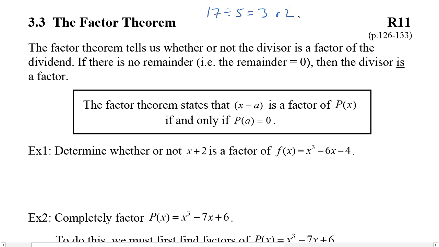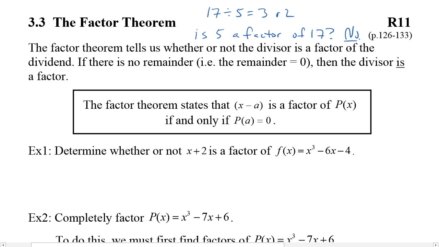So in other words, is 5 a factor of 17? Your answer would be no. And how come? Because the remainder is not 0. If this remainder was 0, if it went into it evenly, then we'd be good to go.